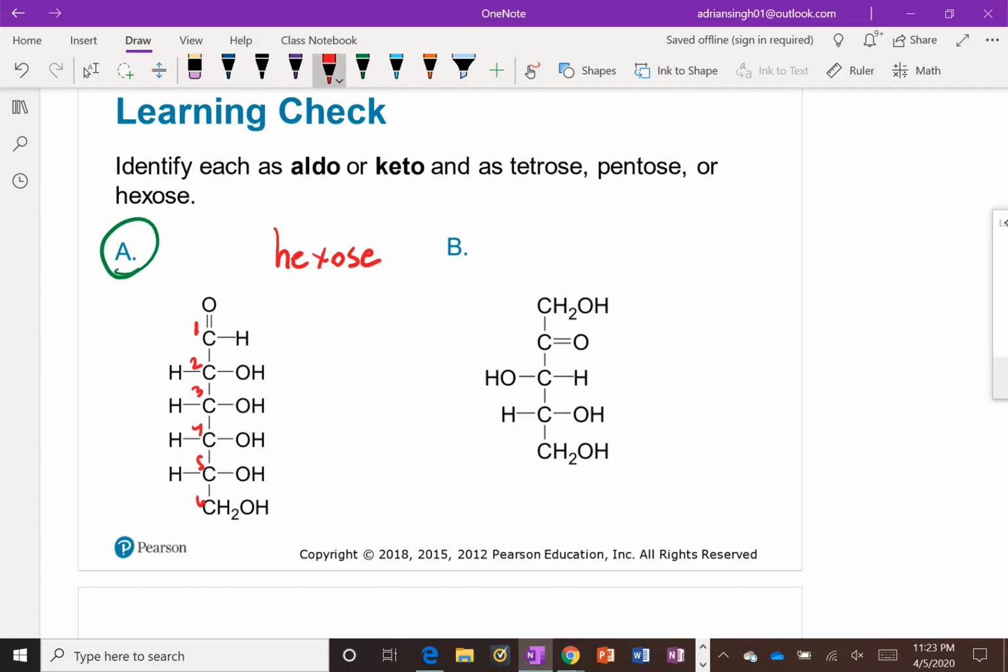There's our carbonyl right here at the top. Is it an aldehyde or a ketone? Well, the carbonyl, the C double bond O, is attached to an H. So right away we know that makes it an aldehyde, and you always have aldehydes at the end of molecules. So this would be an aldohexose.